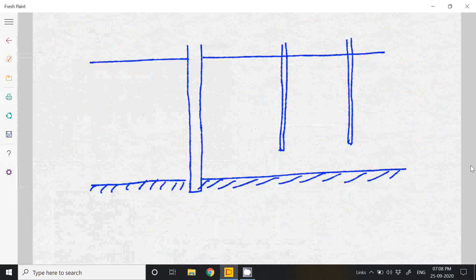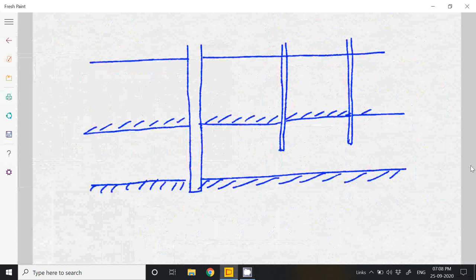But if there were another impermeable strata above, like this, then this aquifer is confined.